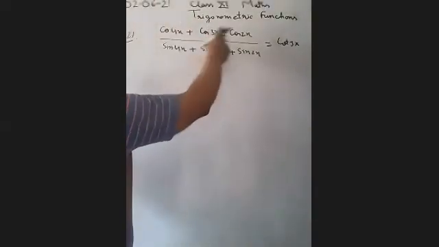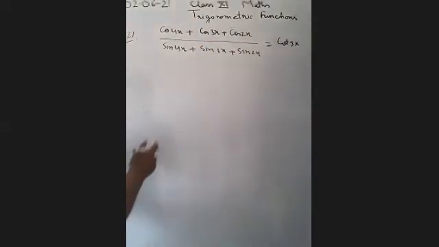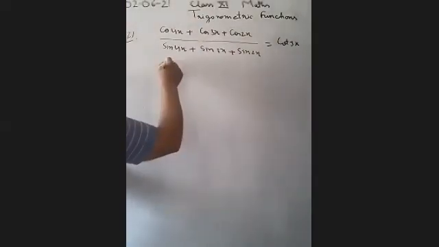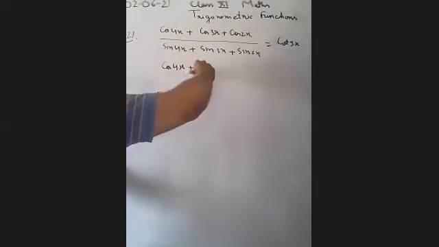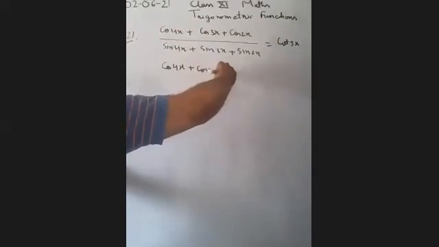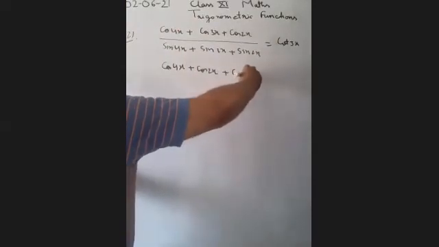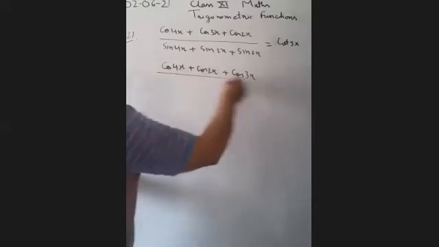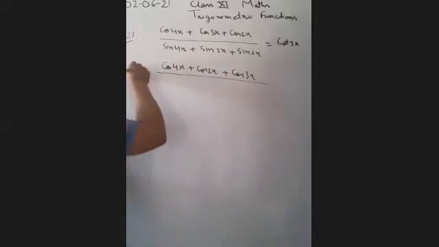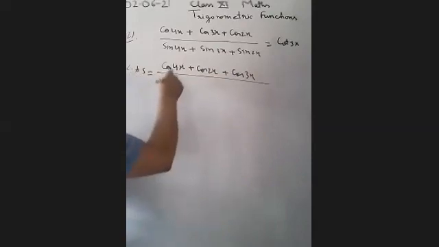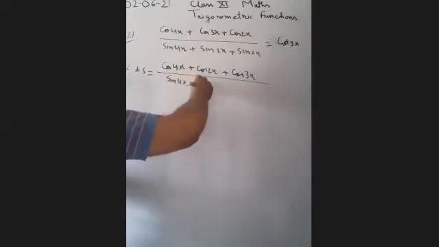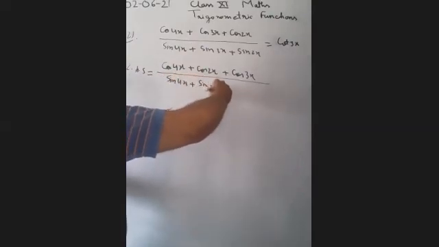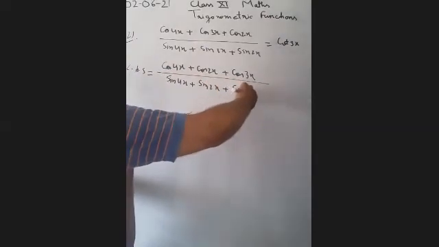First of all, we are applying the formula on the first and last terms. Taking the left hand side: cos 4x plus cos 2x plus cos 3x, over sin 4x plus sin 2x plus sin 3x.